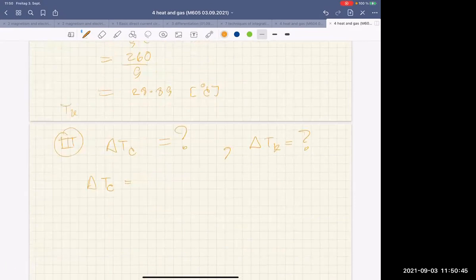T Kelvin is going to be TC plus 273.15, right? Which is 28.89 plus 273.15, right?